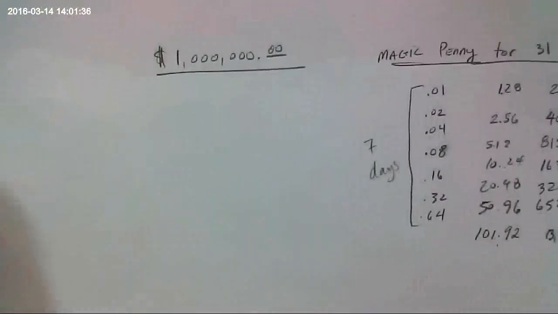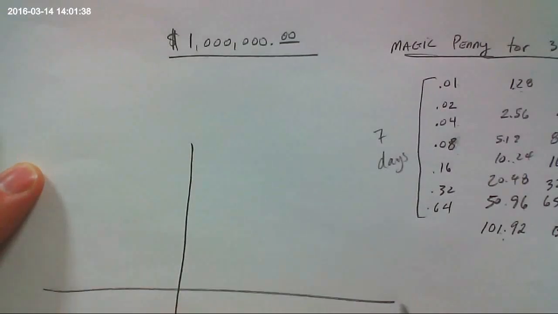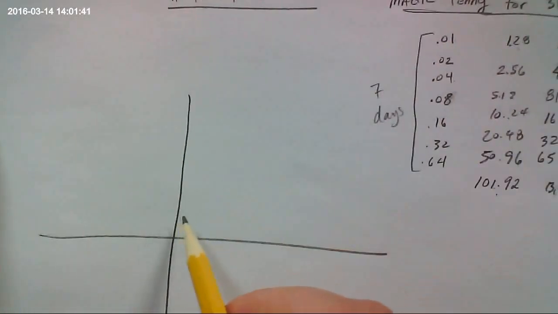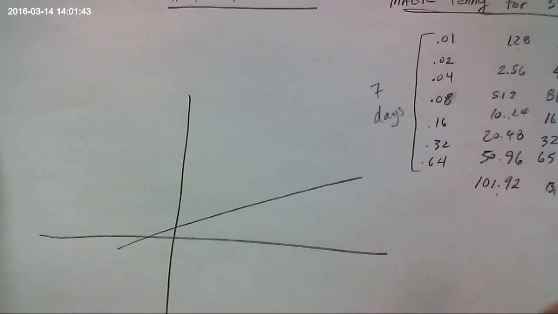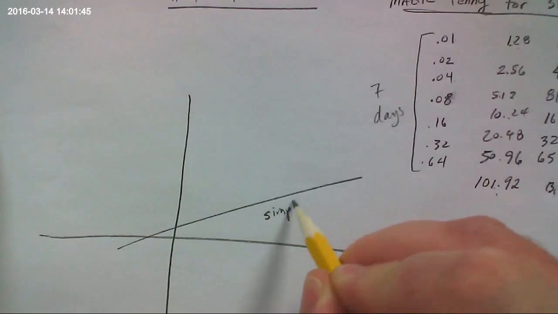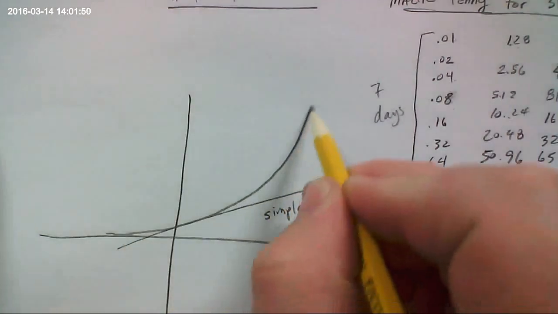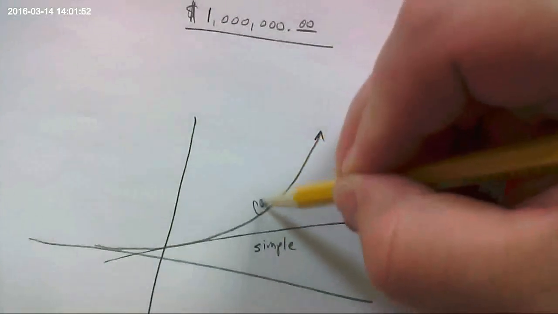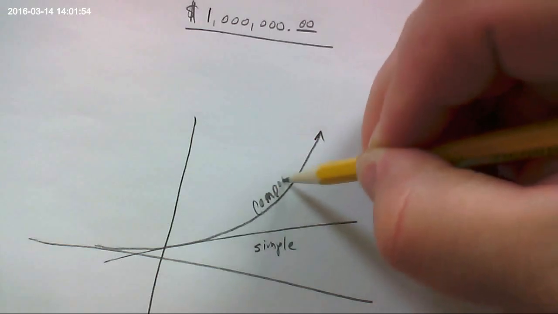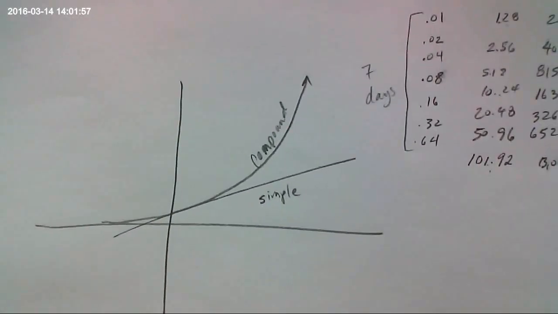Now, that kind of growth is called exponential. Compound interest is exponential. Linear, like a straight line, like this would be simple interest. And this would be compound. It starts off really, really slow, and then all of a sudden just boom, it explodes. That's how things in real life seem to grow, like diseases.